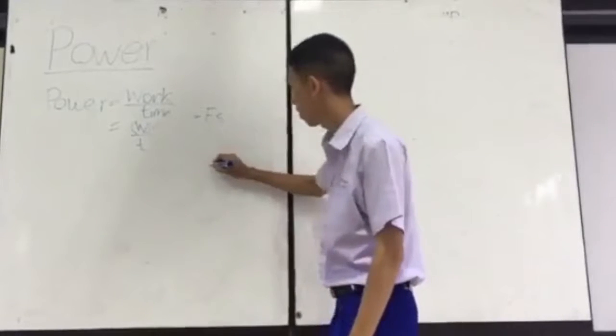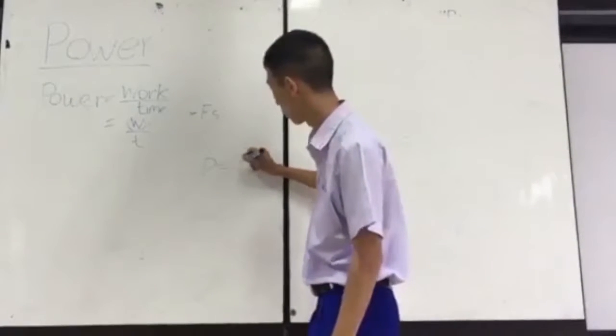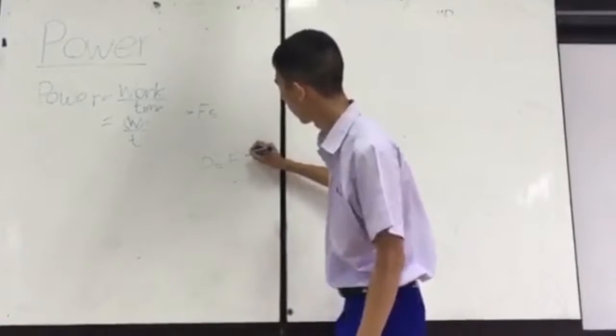So from this, power can equal Fs over T.